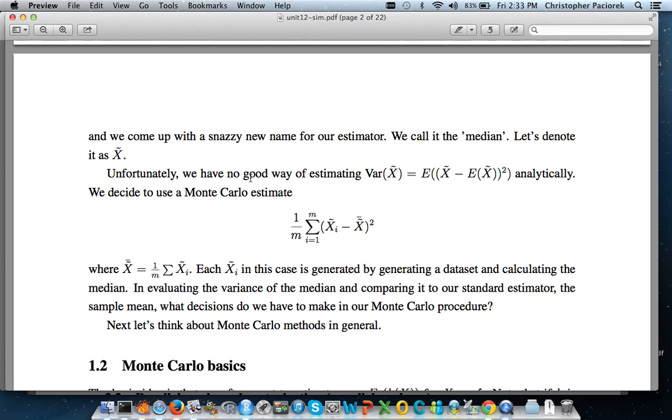So for any given column here, I can compute x tilde. Maybe I'll put the 1 as a superscript. That might or might not be a handy thing to do. I can compute m different x tilde values. Here are my m different medians from the case where I could repeat the experiment.